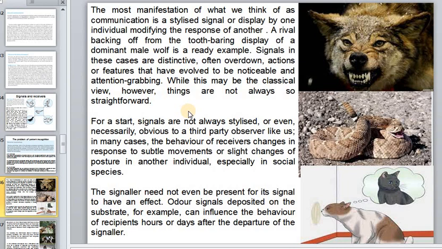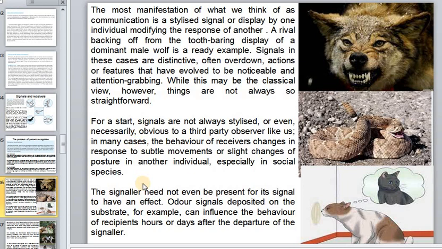Signals in this case are distinctive, often exaggerated actions or presentations of what we want, and they have evolved to be noticeable and attention-getting. And while this may be the classical view, however, things are not always so straightforward.